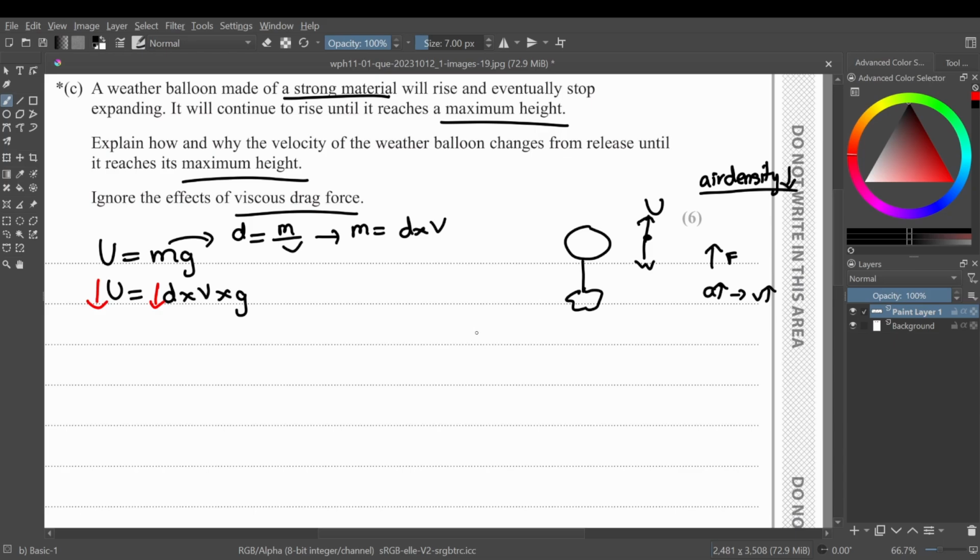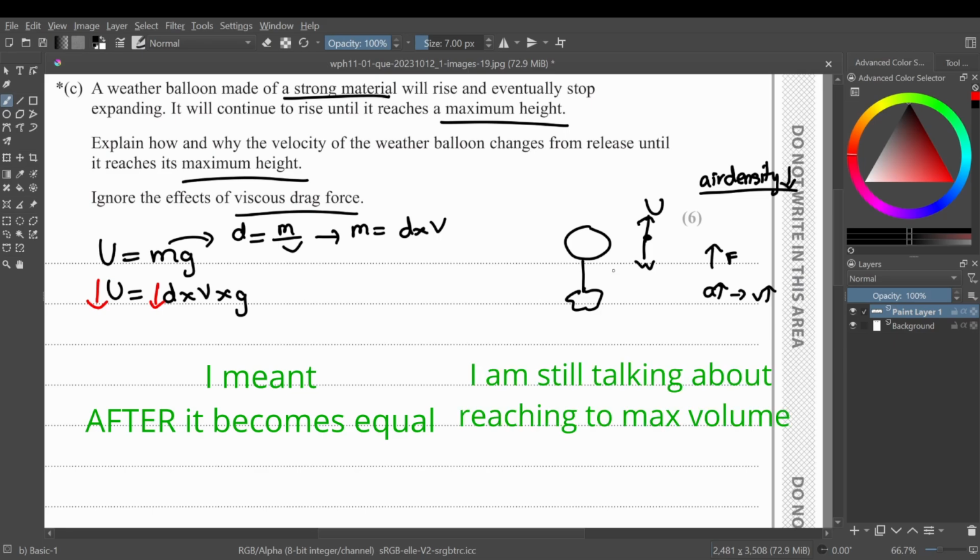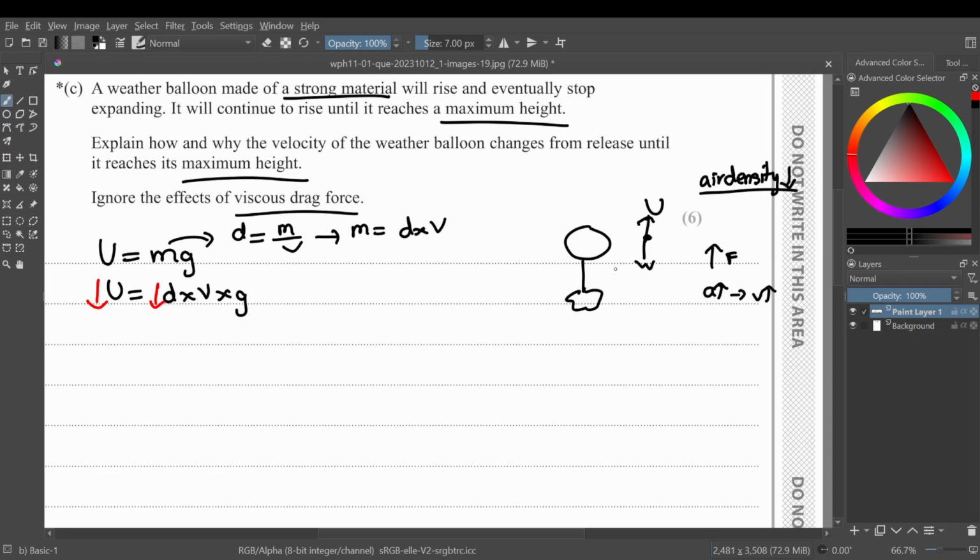Now as time goes by, it will eventually reach a maximum volume, and the balloon will still go a little bit more up before it becomes equal, even though the maximum volume has been reached. If the maximum volume is reached, the balloon will burst, but because the balloon is made of a strong material, it will not burst immediately.